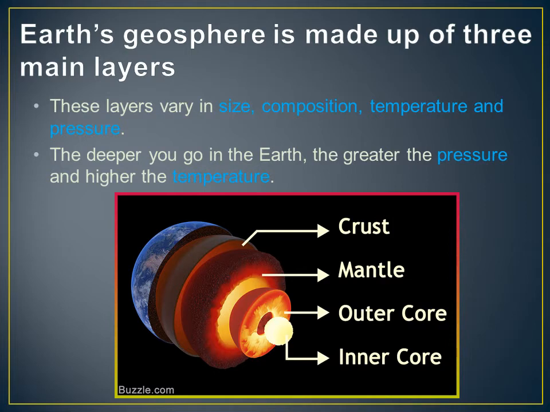So these are some key things I want you to remember. The layers are different sizes. They're made up of different things. And the deeper you go into Earth, the greater the pressure and the higher the temperature. Please remember those.